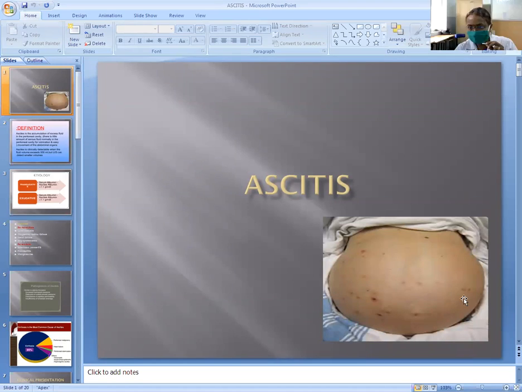Distension of abdomen. Patient usually present with this type of abdomen. It is nothing but the fluid in peritoneal cavity. This distension is mainly because of fluid in peritoneal cavity.